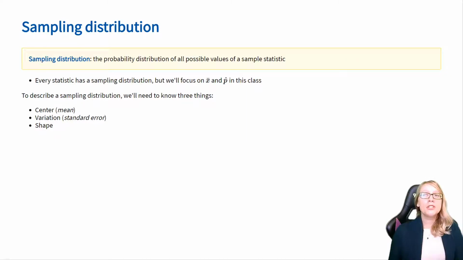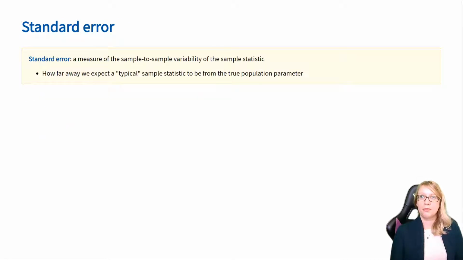In order to describe this sampling distribution, so if I wanted to look at that histogram and come up with a description of what I'm seeing in it, I need to know three things. I need to know the center or the mean of that sampling distribution. I need to know the variation of that sampling distribution, which we will call the standard error. And then finally, I need to know the shape of that sampling distribution.